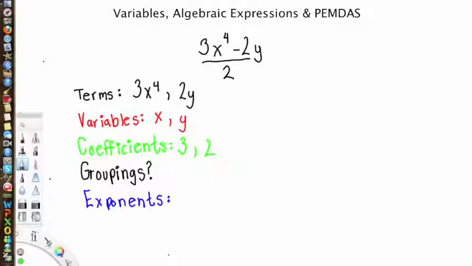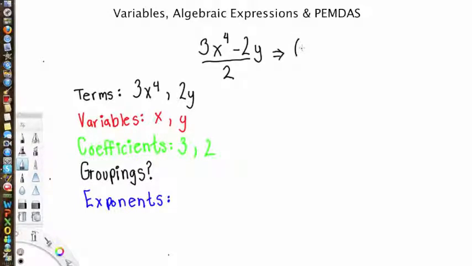Okay, that brings us next to groupings. Now, somebody might say, well, I don't see any parentheses, and I don't see brackets or braces, so I don't think there's any groupings. But let's take a look at this expression more closely here. Since we have a division bar here, and we're dividing both of these terms by 2, and it's actually the difference of these two terms, we have to imply what this really means.